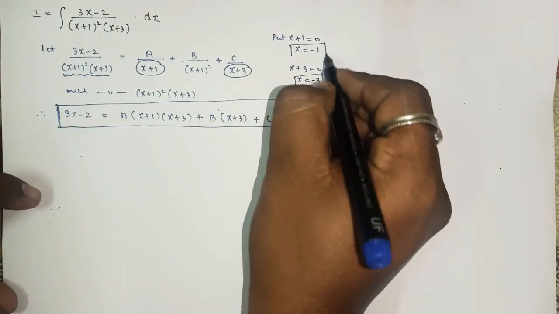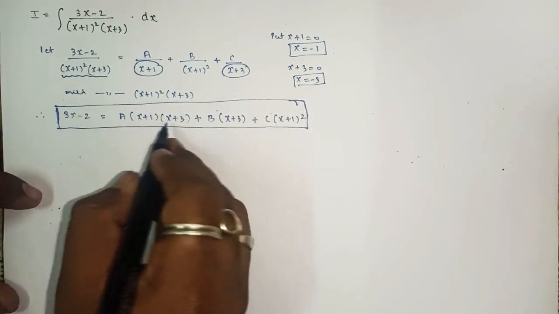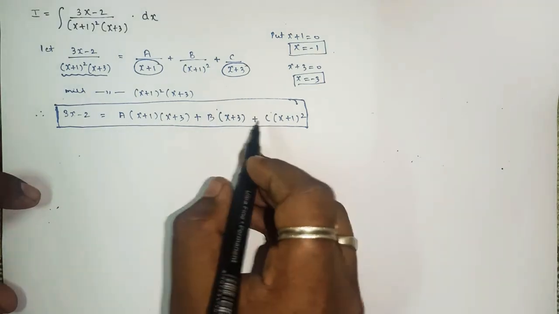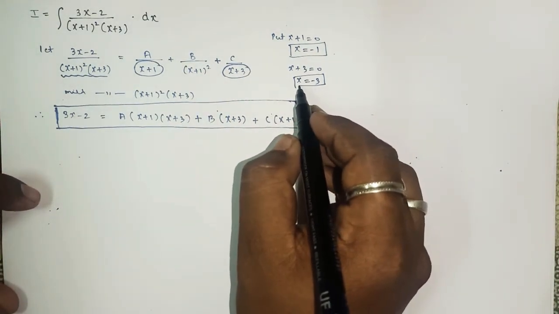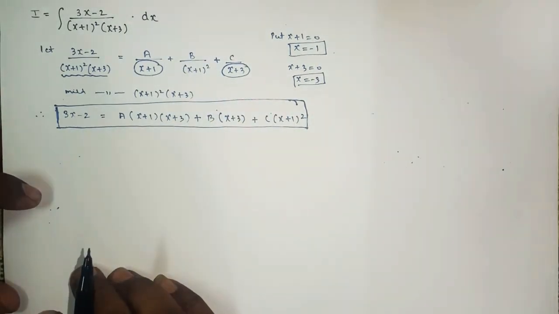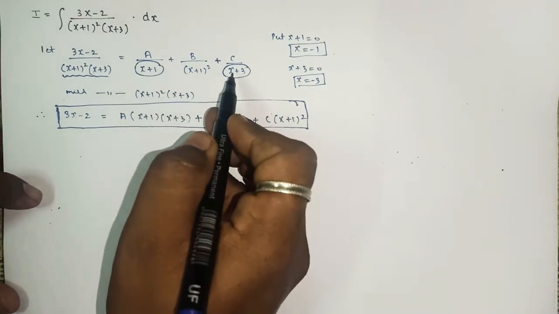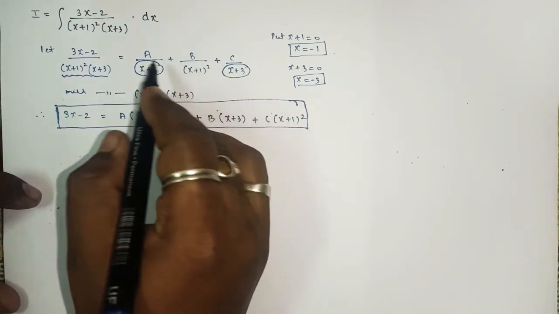So as you replace the value of x wherever you see x by minus 1, okay, you will get the answer of one alphabet. And in the second case, when you replace x by minus 3, you will get the value of the second alphabet. As here we have only two linear factors, with the help of two linear factors you can find the answer of only two alphabets.